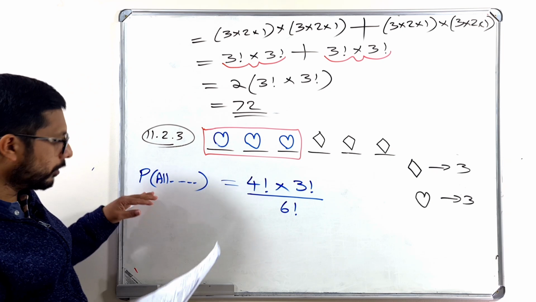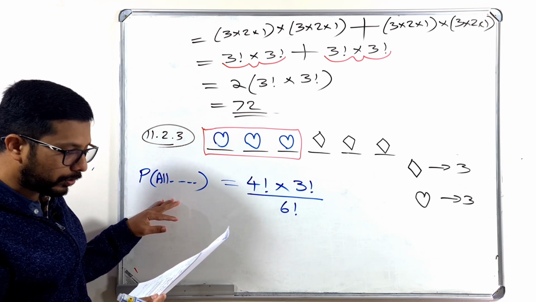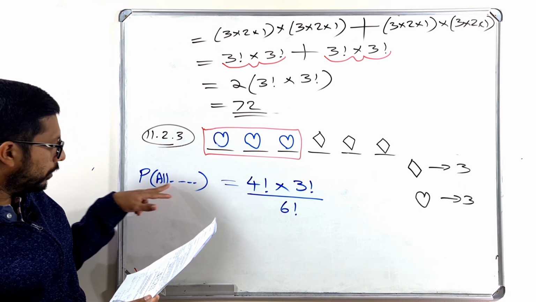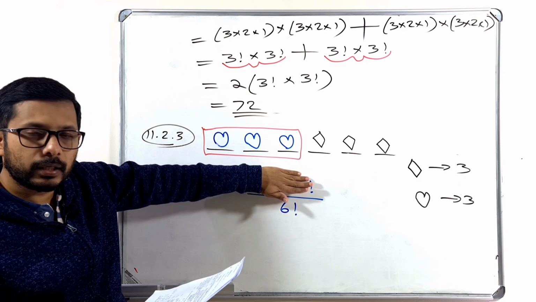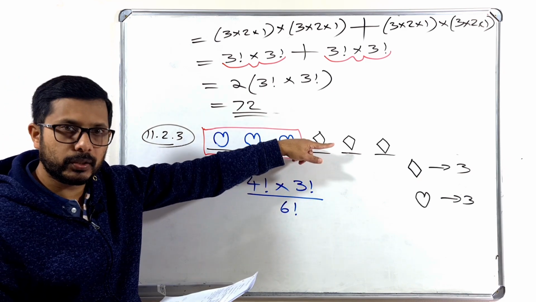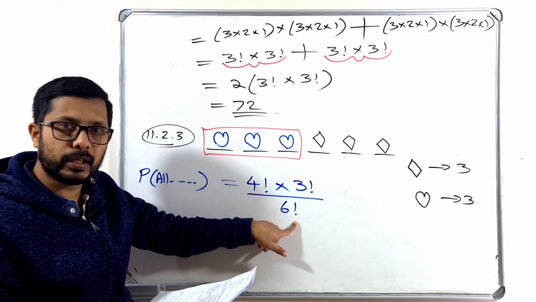So the probability that all the hearts will be next to one another is equal to the number of possibilities in this case divided by the total possibilities. The total possibility is 6 factorial.